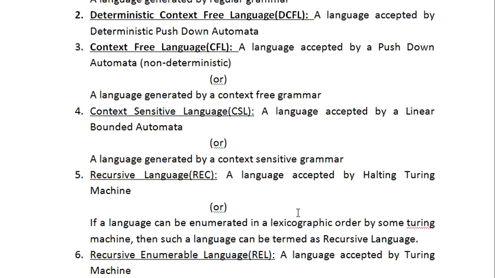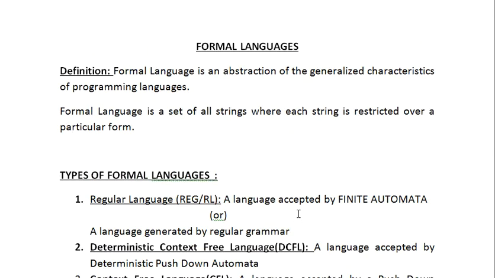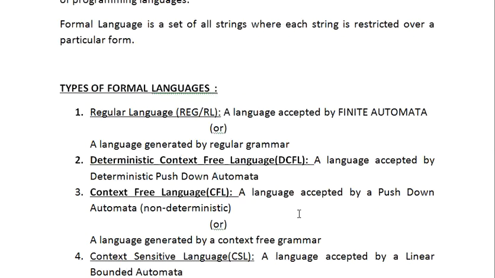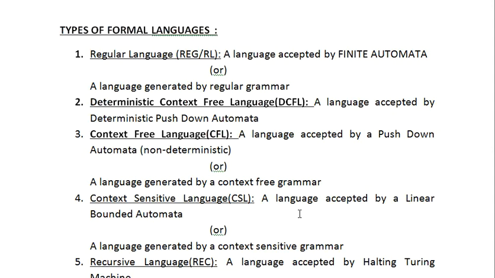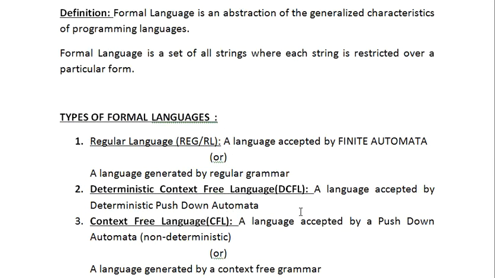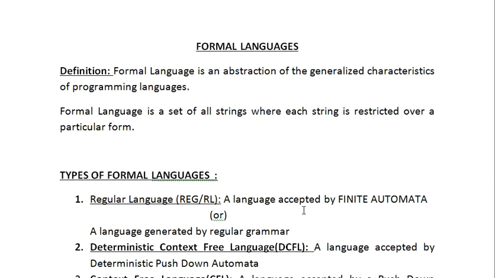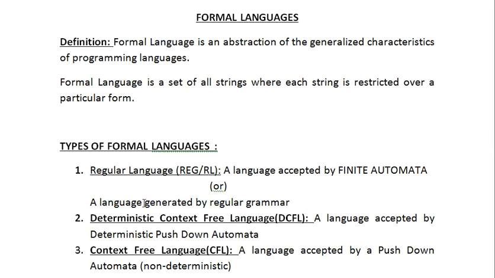Basically in this lecture you have just gained a little understanding of how formal languages have been divided, what the different types are, what the basic definition of a formal language is, and so on. I think you have understood the basic terminologies of these formal languages and the different types.